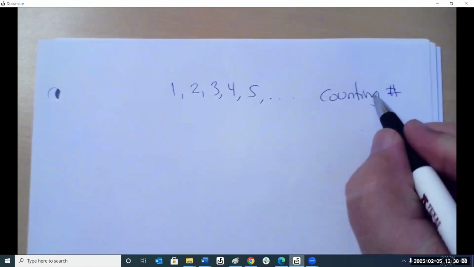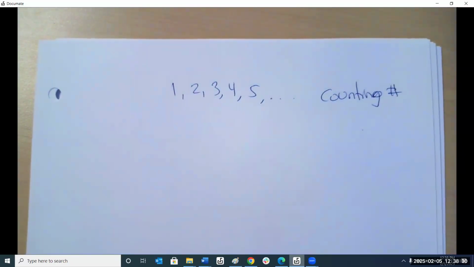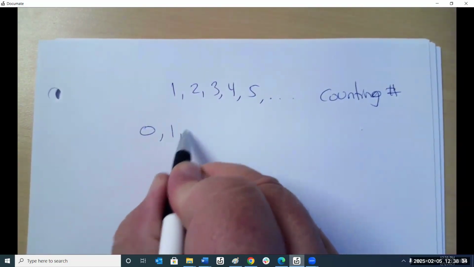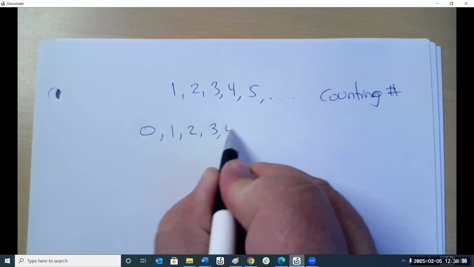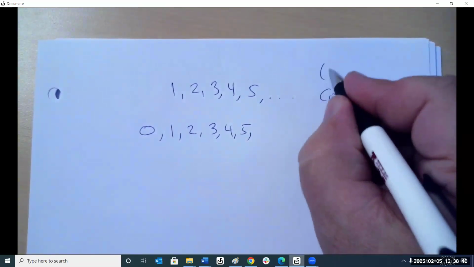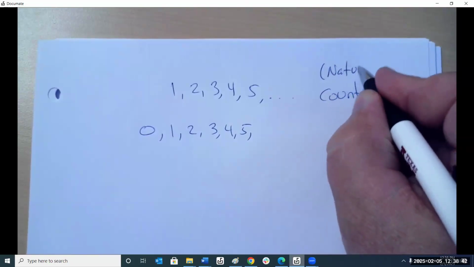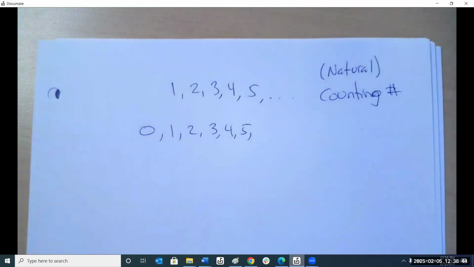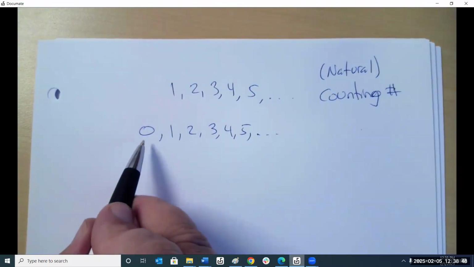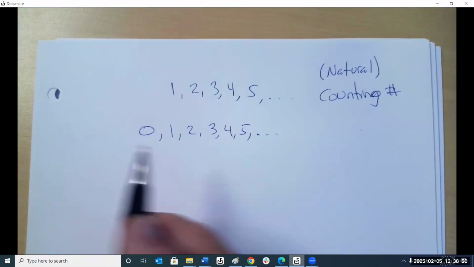Okay, that's pretty boring. Then we started expanding that with a 0 in front of it. Another name for that is natural numbers. Instead of counting, just natural numbers. Now, once we introduce a 0, it looks like a what? A whole.